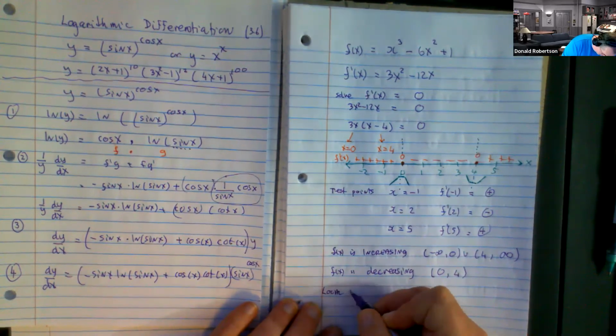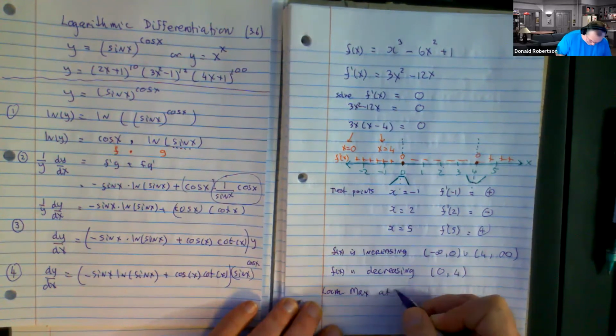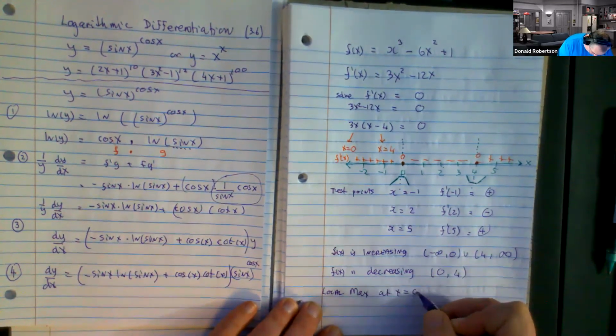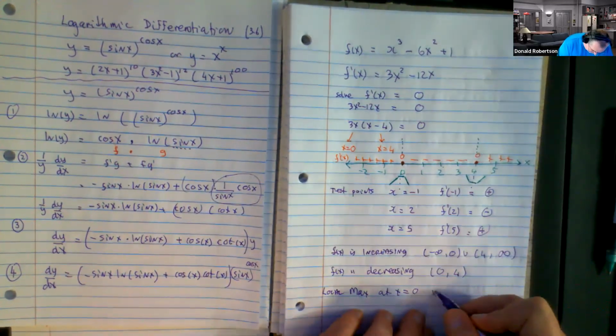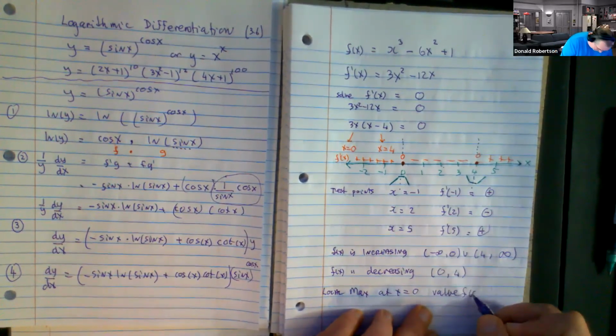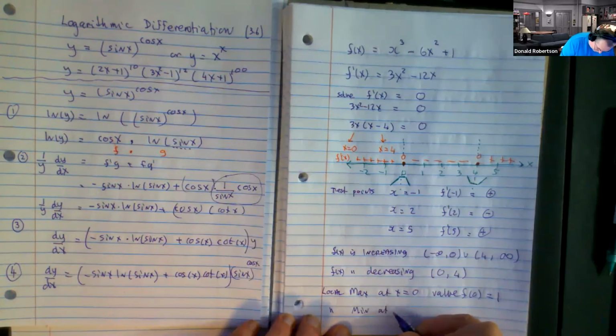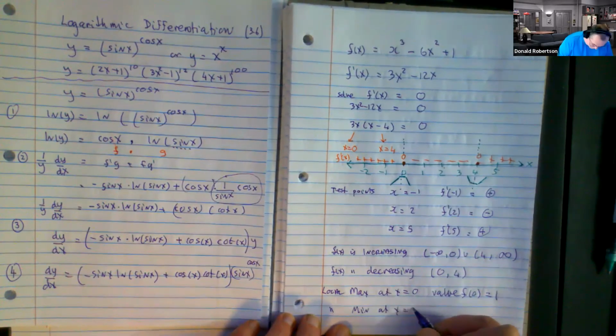There's a local maximum at x equals 0. And the value of that local maximum is whatever f of 0 is, in this case, 1. And there's going to be a local minimum at x equals 4.